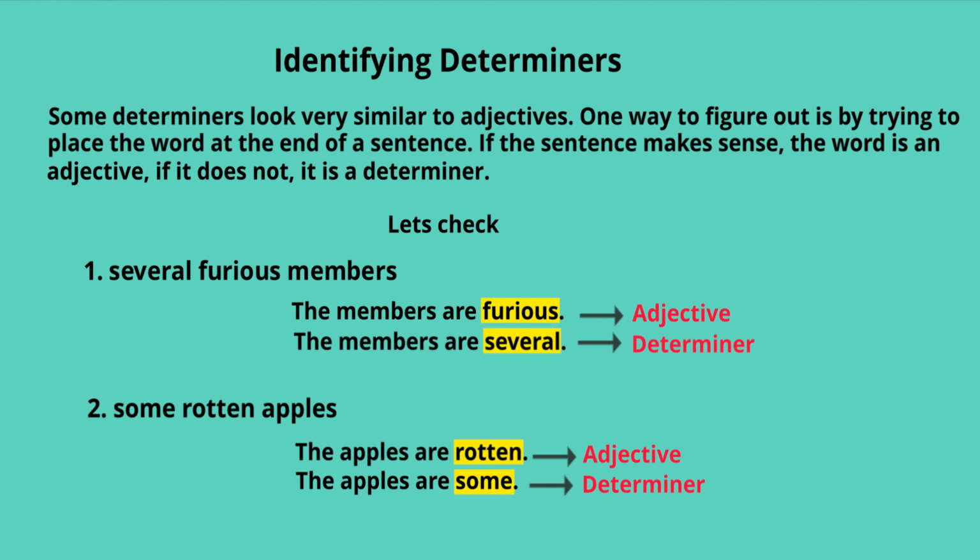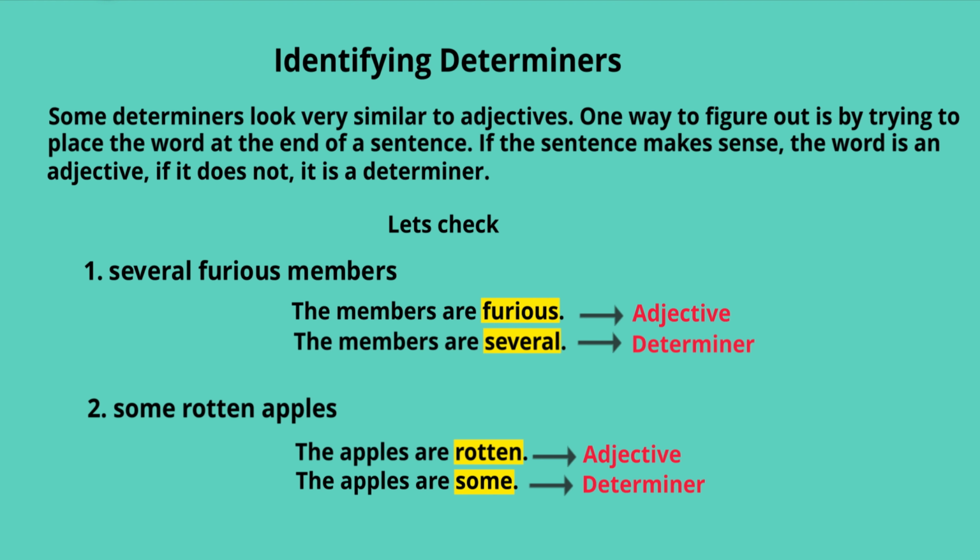The members are several. Does that make sense? No. So, several would be the determiner. And see that several came before the adjective. So several furious members: several would be the determiner and furious would be the adjective. Let's see the second example.